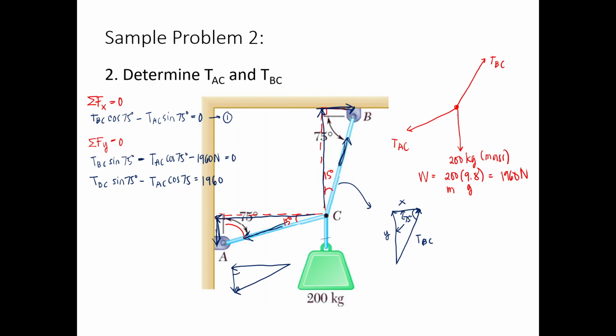this is 75 degrees. So this is TAC. This is the y component, this is the x component. So the x component is cosine. Wait, that is the 90-degree angle.